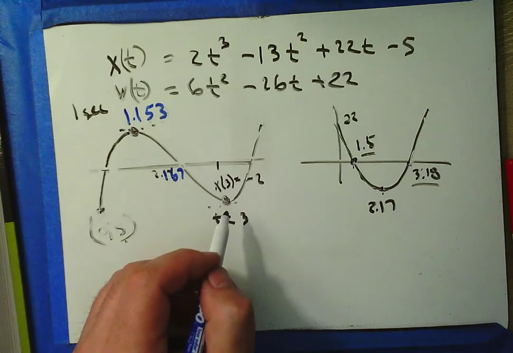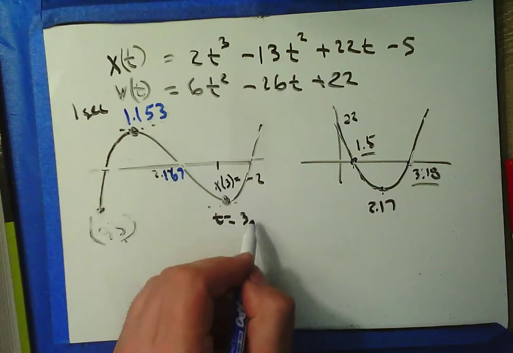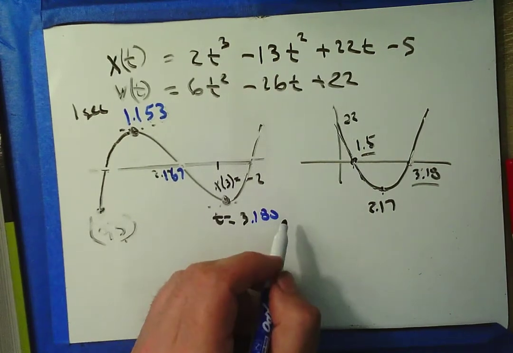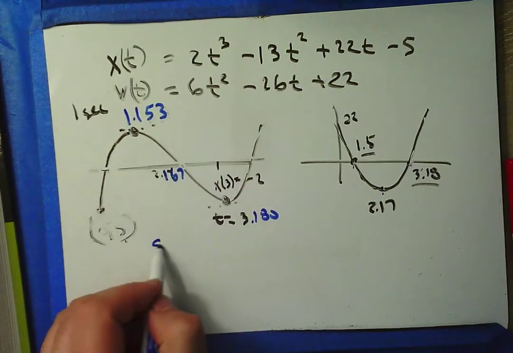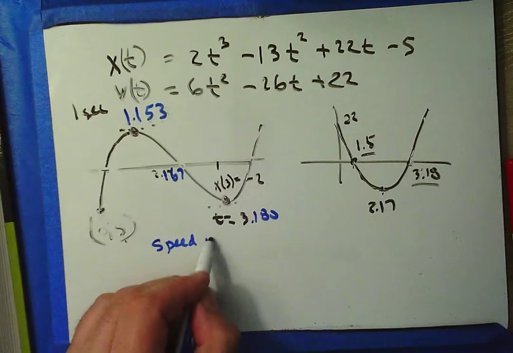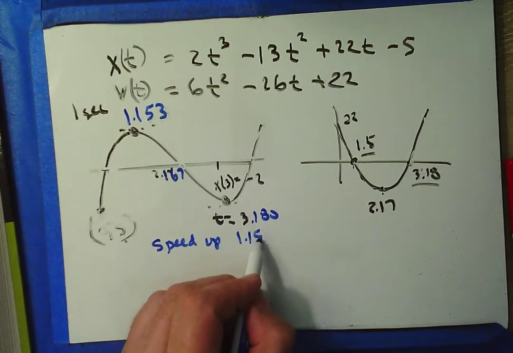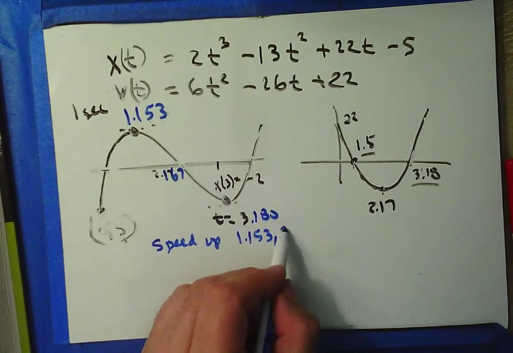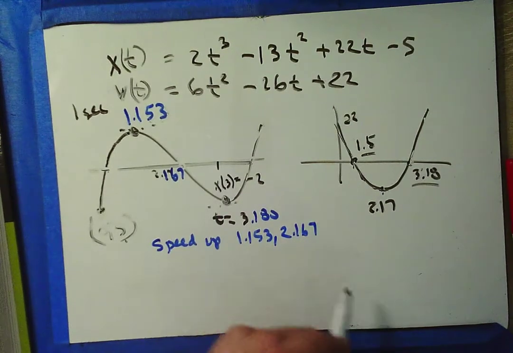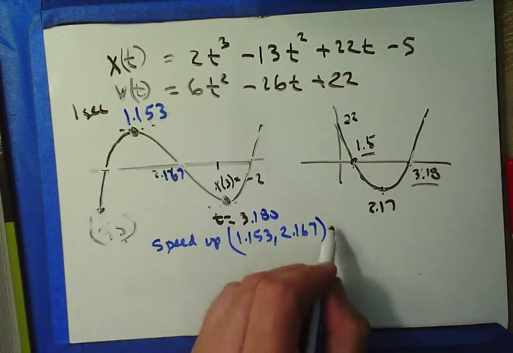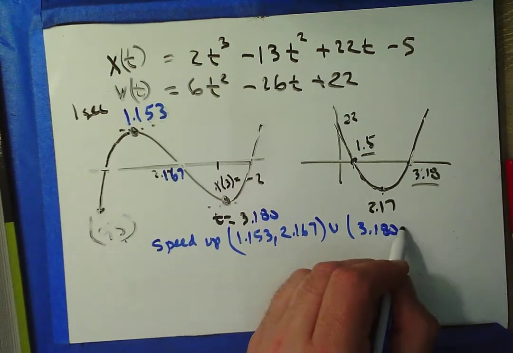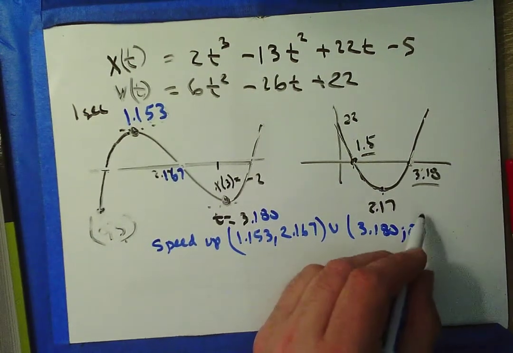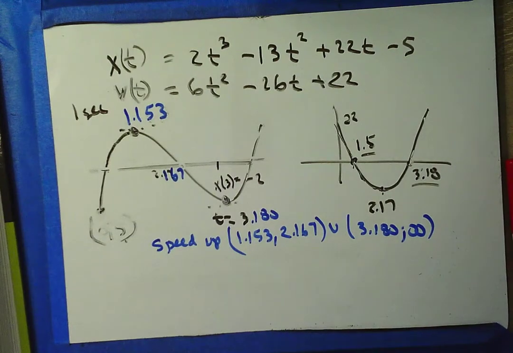And I know the particle is going to be speeding up from 3.180 forever because this thing doesn't stop. Okay, so speed up: 1.153 to 2.167, union 3.180 to infinity. This is speeding up.